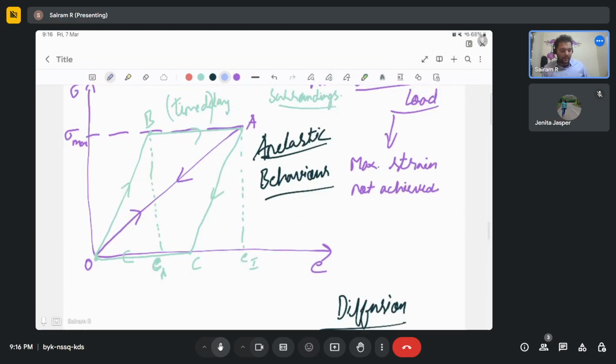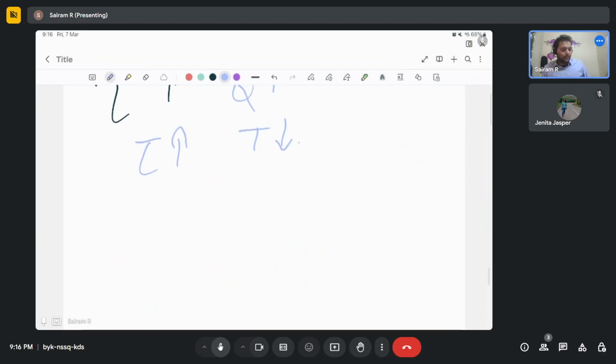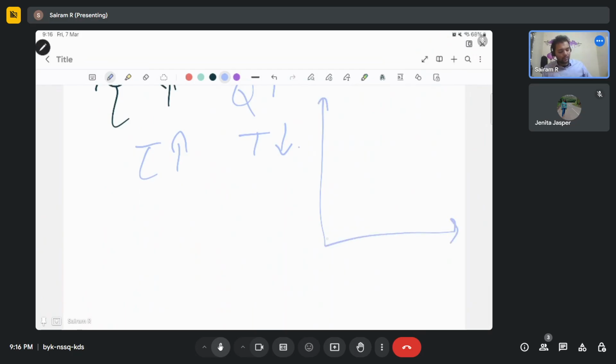So the square shape that we saw right now is not going to happen in reality.